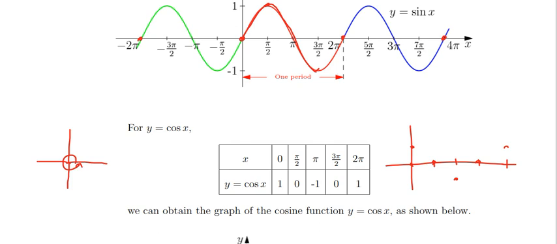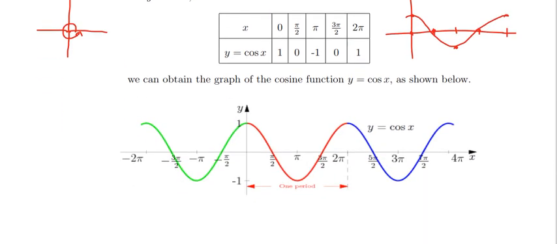Connect those 5 points, and the graph just looks like that. Okay, so this is cosine: 1, 0, negative 1, 0, 1. It's 5 points.